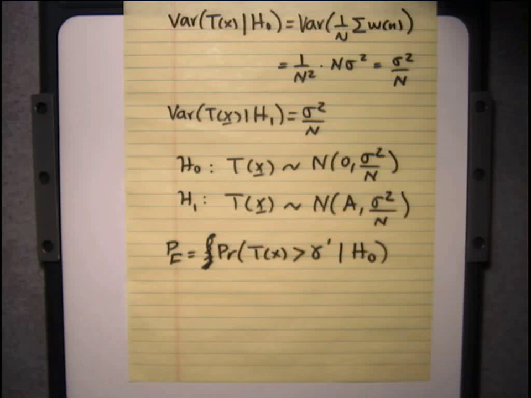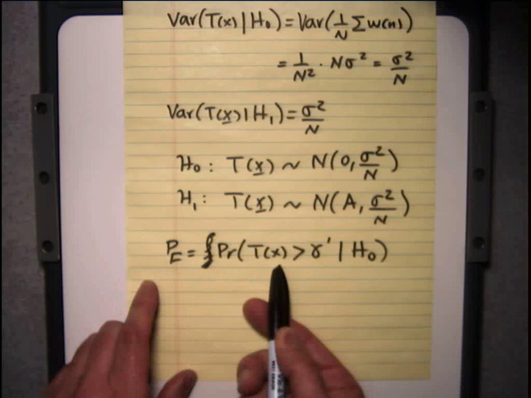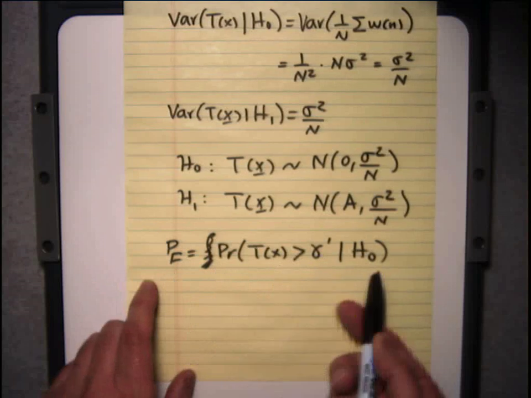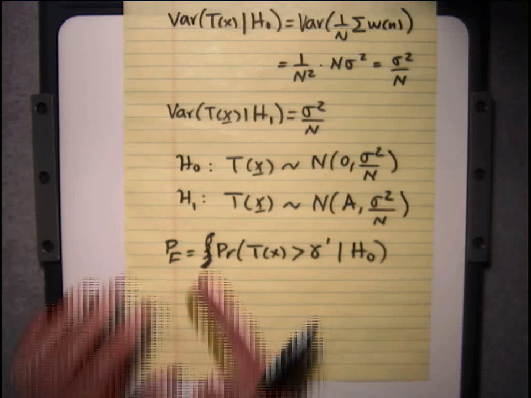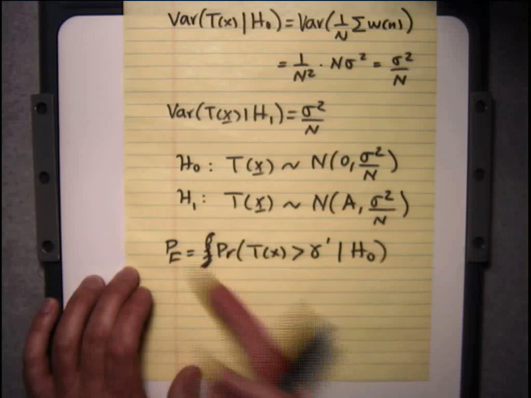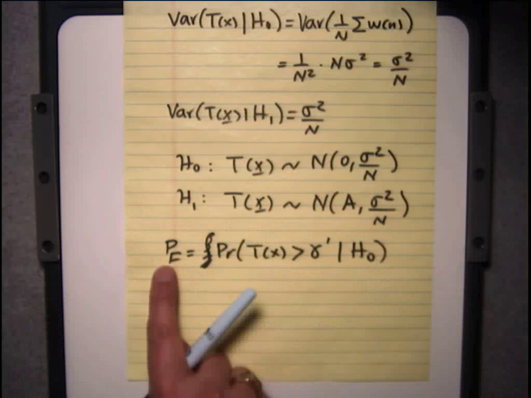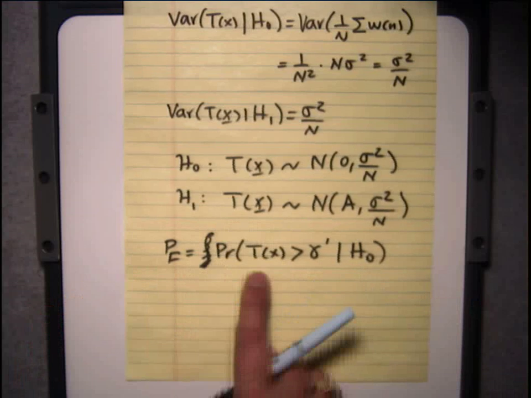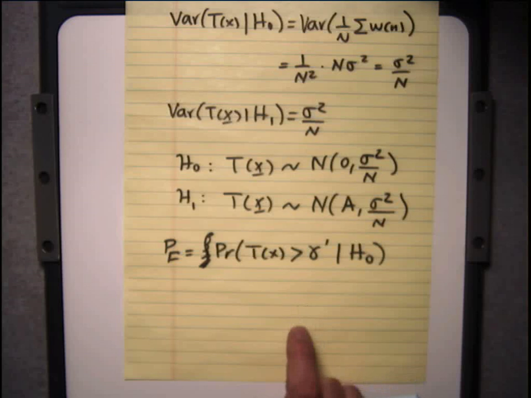All right, so the probability of false alarm is the probability of T of X exceeding gamma prime given H0. Now, what I want to point out is this probability description is different than the one that I wrote for you before. Before, we talked about the probability of L exceeding some threshold or X itself exceeding some threshold.